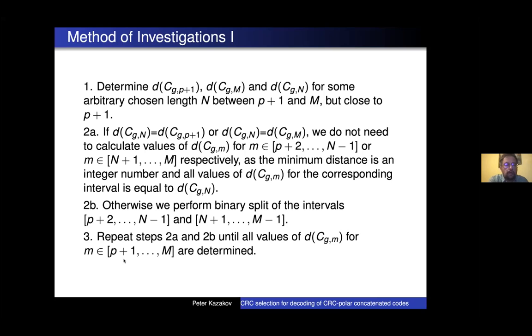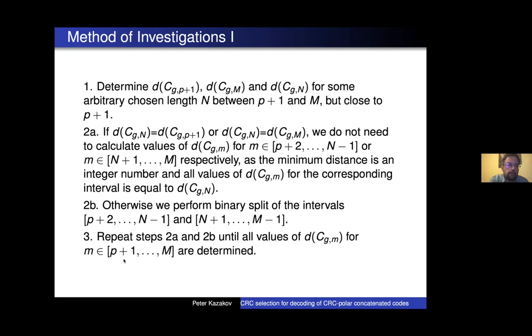So if for two values m and m1 it has the same minimum distance, it is clear that all values between m and m1 have this minimum distance, and we don't have to look further.